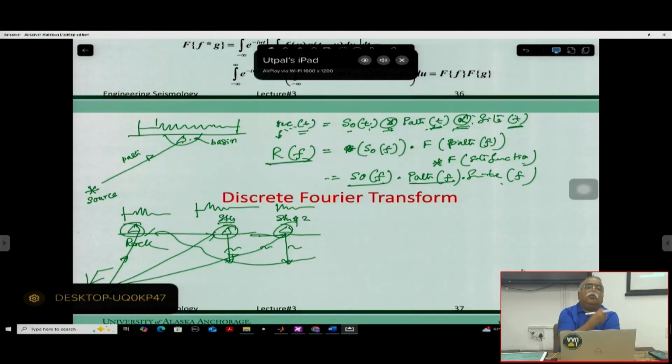So what we do instead, as a replacement, we take the full Fourier transform of it, and that Fourier transform is basically the source Fourier transform multiplied by the path Fourier transform multiplied by the site Fourier transform. The multiplication is much easier than taking a convolution. So that is what we are trying to do here. Okay.